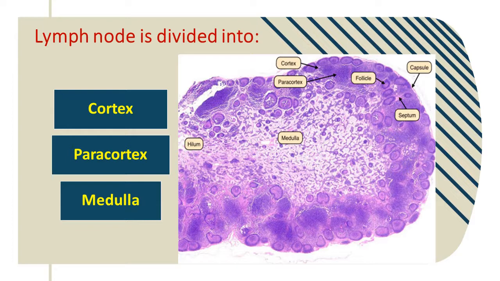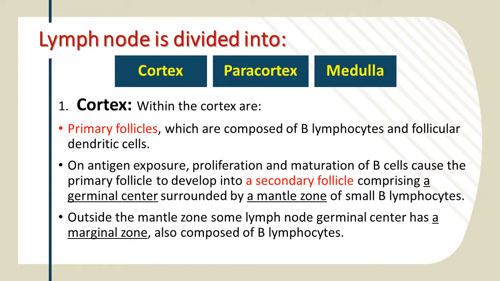So the parenchyma of normal lymph node is divided into cortex, paracortex, and medulla. The outer cortex contains spherical or egg-shaped nodules of B lymphocytes which form lymphoid follicles.